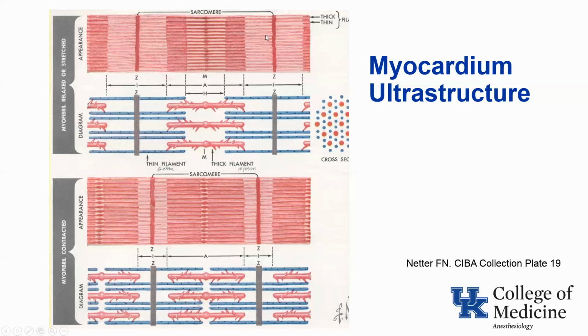This shows the ultrastructure with the thick filaments, the so-called myosin filaments, and the thin filaments, the so-called actin filaments. And as you recall, and we'll discuss under physiology, the interaction between these two filaments is what causes contraction. This is in diastole, and this is in systole.